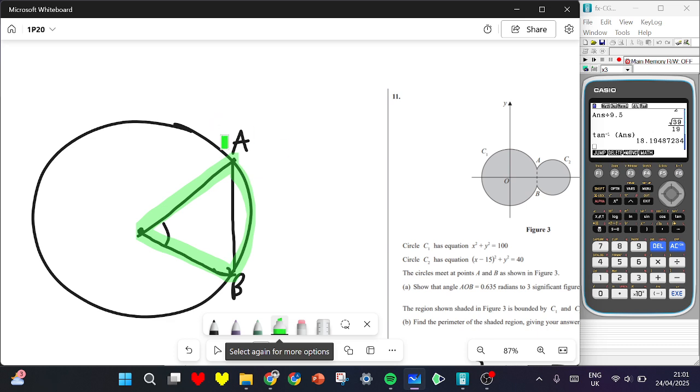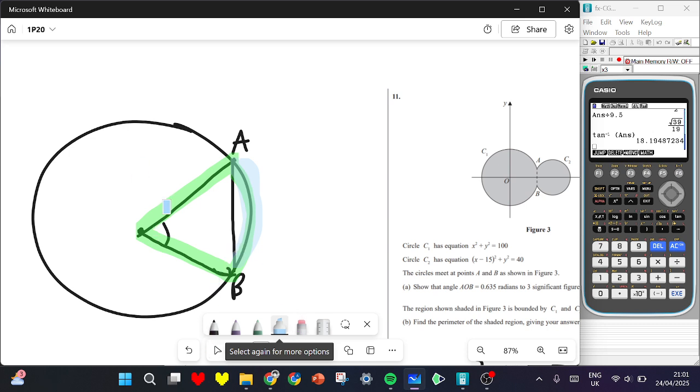And this is useful because the arc of this sector is part of what we're removing from the area of the circle. So all we need to do to find this area, well, there's two ways.